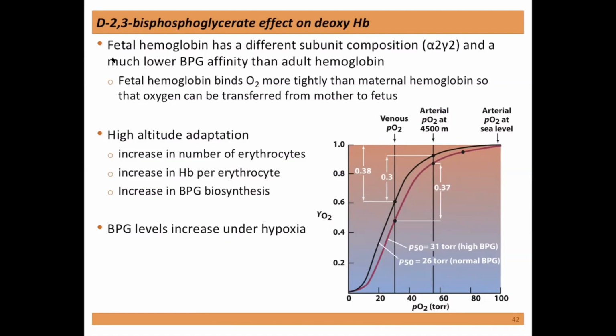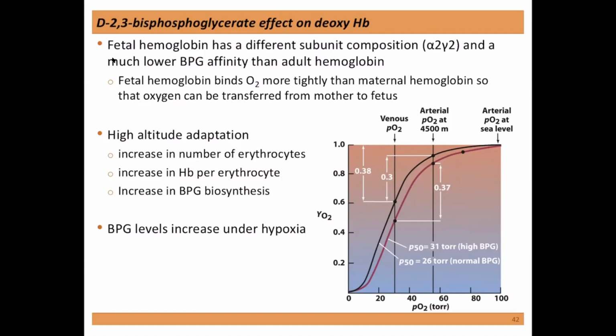Now, if we move to high altitude, the actual pressure is less, and the partial pressure of oxygen also is reduced. And so that's what we can see down here in this graph. So in normal atmospheric pressure, we got this red line right here. This is our normal release.